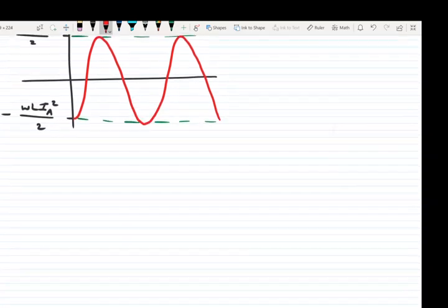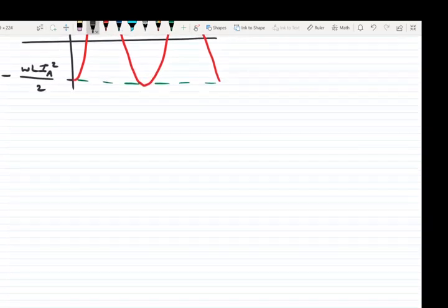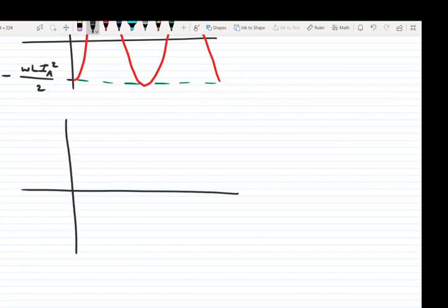For the energy, we graph the energy omega L of t as a function of time.